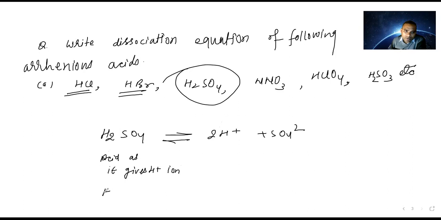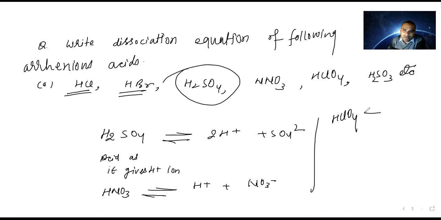If you are talking about HNO3, it is also going to ionize and give H plus ion and NO3 minus ion. If you are talking about HClO4, it is also going to ionize, giving H plus and ClO4 minus. It is called perchloric acid.